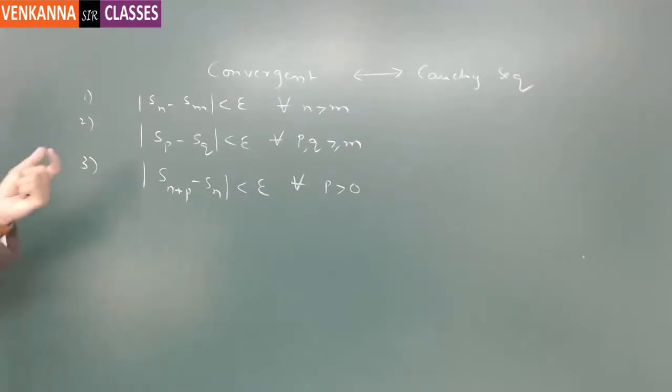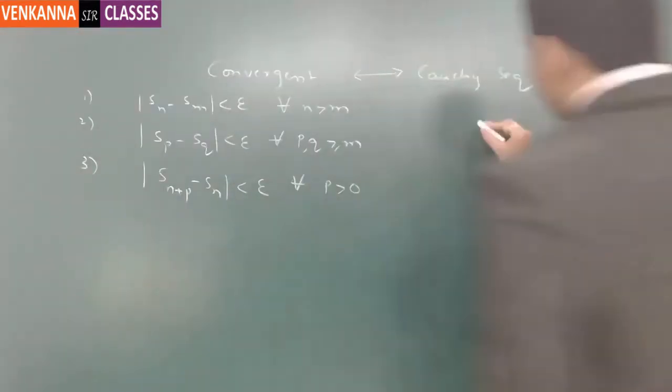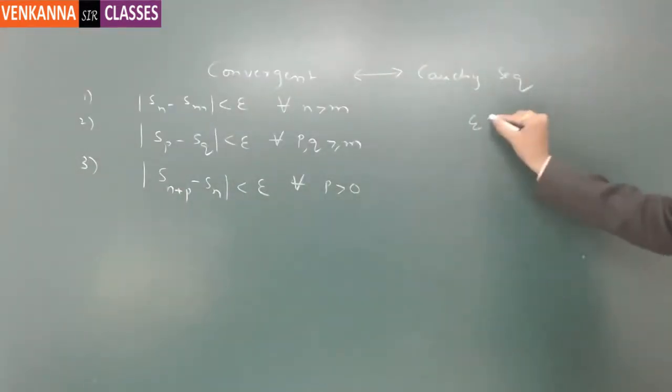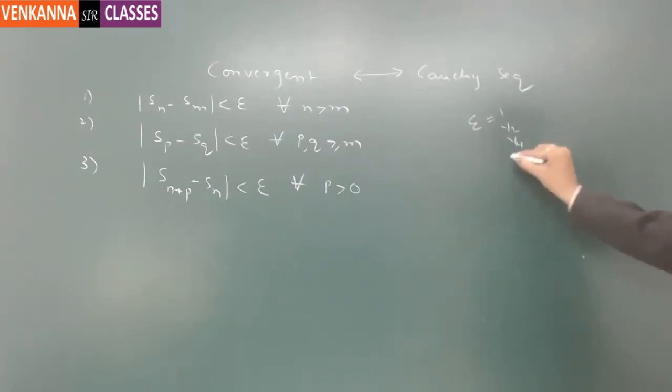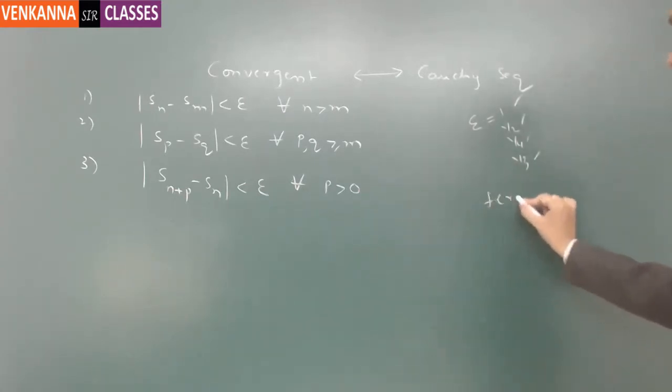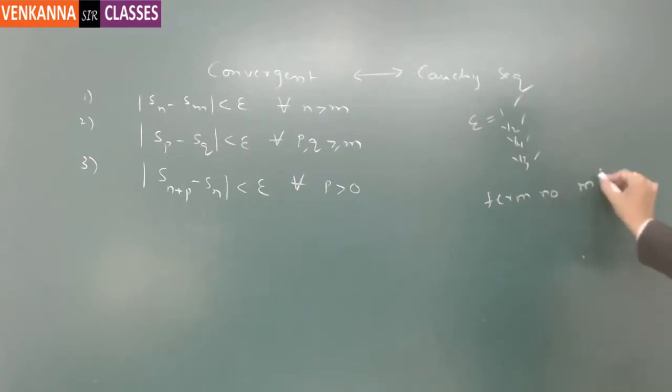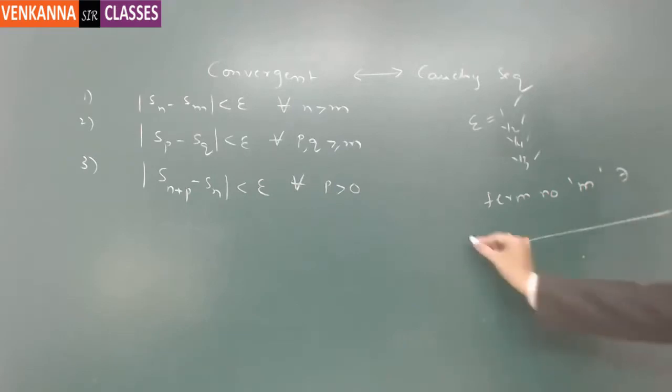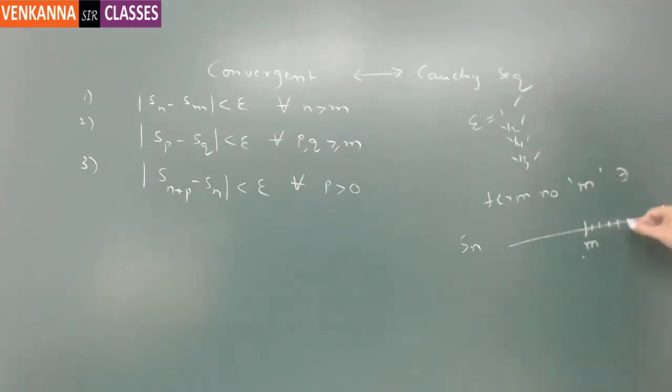In a simple nutshell, if I have taken an epsilon value as something, say 1, 1 by 2, 1 by 4, 1 by 3, whatever the case, you are simply specifying the term number m such that in the sequence S_n, from this term number m onwards, all the values in the sequence are becoming equal.